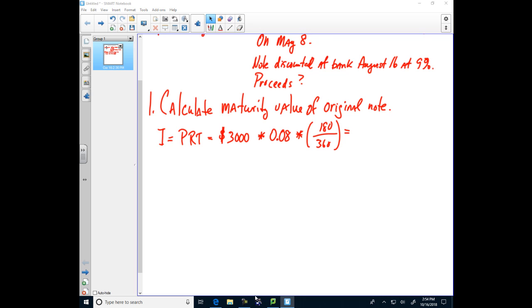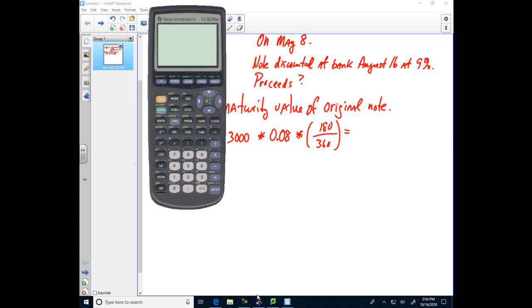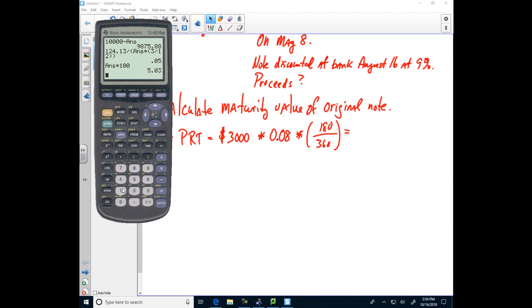So, calculator. Clear. 3,000 times 0.08 times the quantity 180 divided by 360. So that's going to be $120.